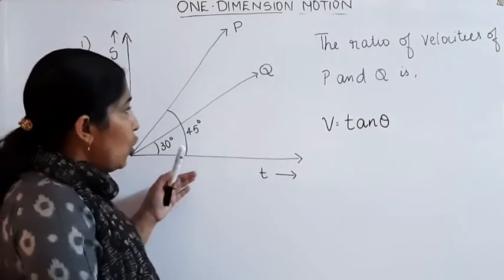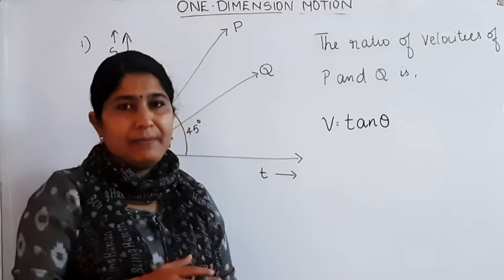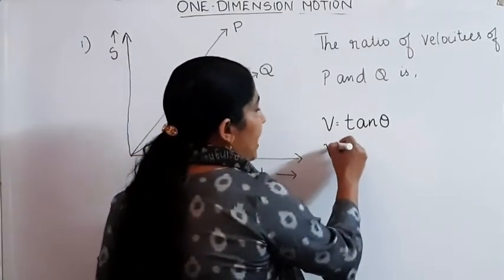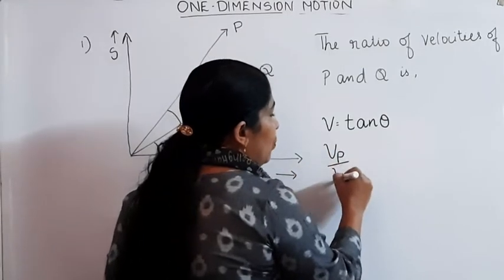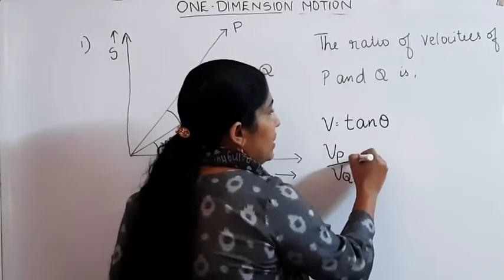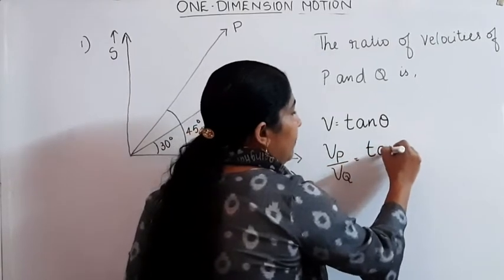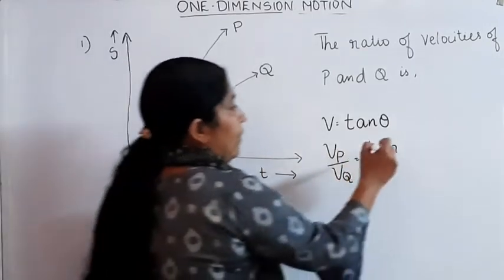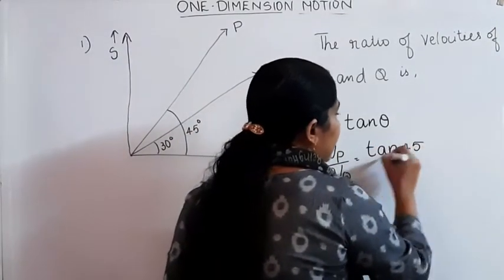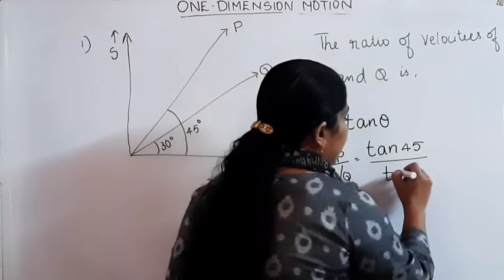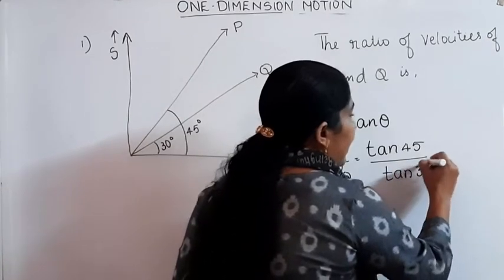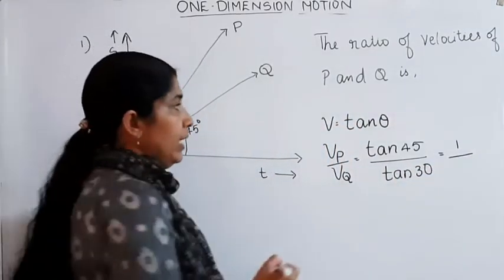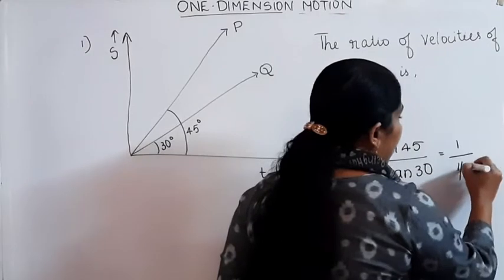Then the ratio Vp by Vq is equal to tan 45 divided by tan 30. Tan 45 is equal to 1 and tan 30 is equal to 1 by root 3.